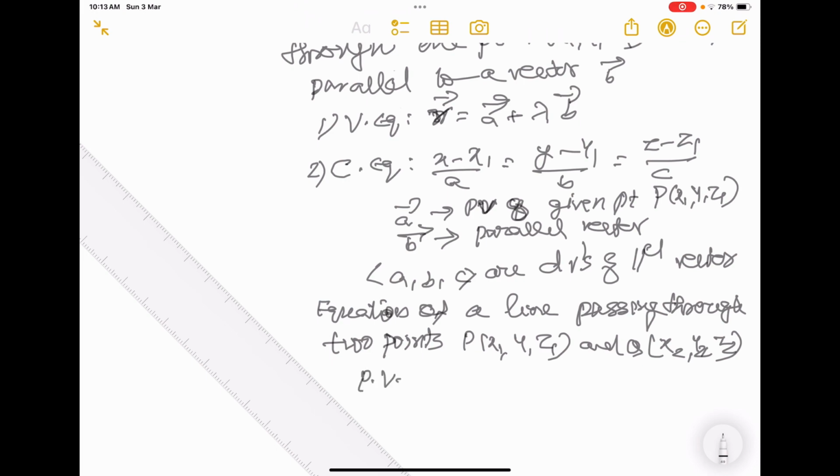The position vector of P is vector a, and the position vector of Q is vector b.